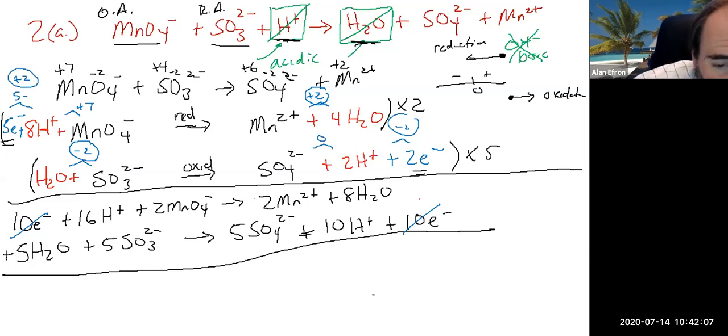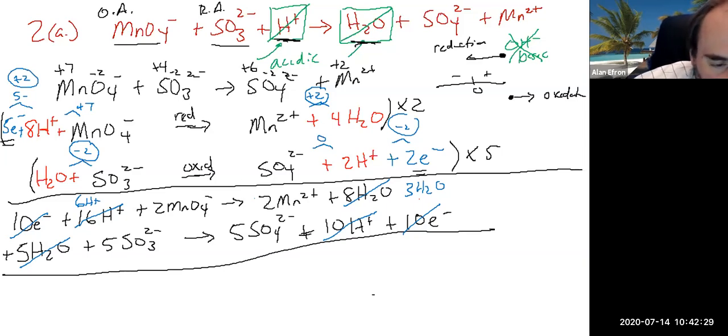We actually have 10 H pluses on the right. We'll cancel out with 10 of these on the left, which will give me 6 H pluses that are left over. We actually have 5 waters on the left that will cancel out with 5 waters on the right and leave me 3 waters on the right-hand side. And I think that's all the canceling.